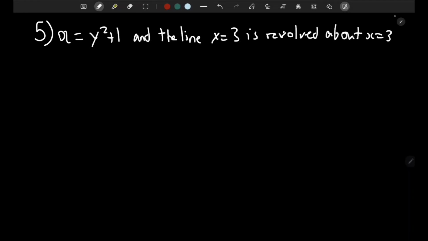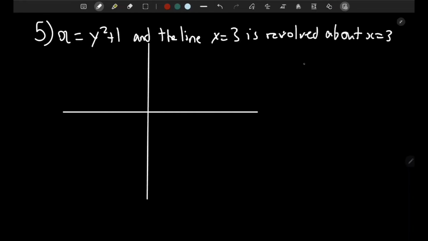Let's do that. And here I want to remind you guys that y is equal to x squared is a parabola, which means it's a U for the graph.